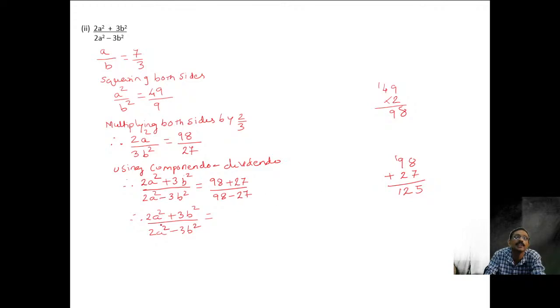We get 125. 98 minus 27, let us see: 8 minus 7 is 1, 9 take away 2 is 7. We get 71. Can we reduce it further? We cannot reduce it further. So we'll keep this as it is.